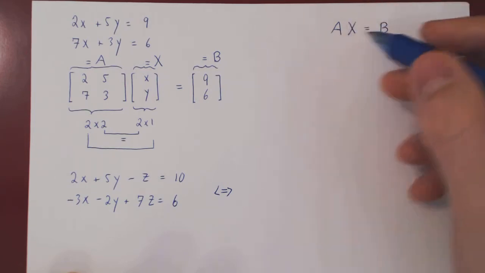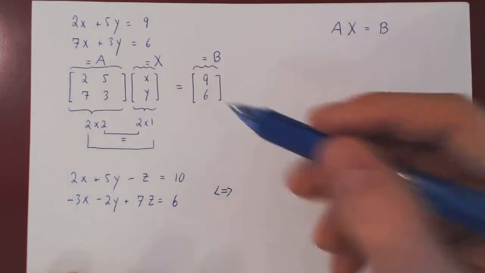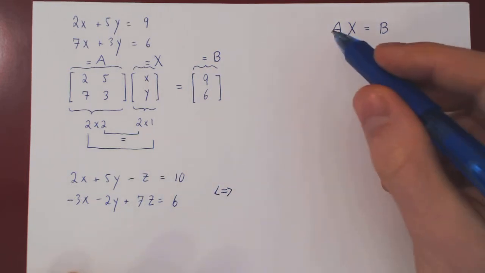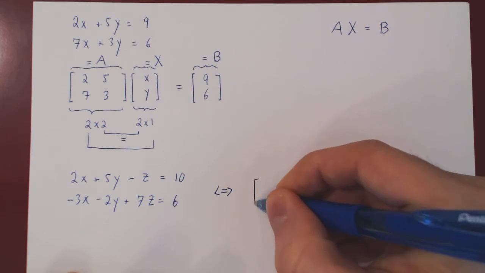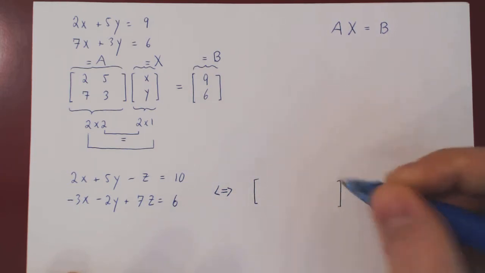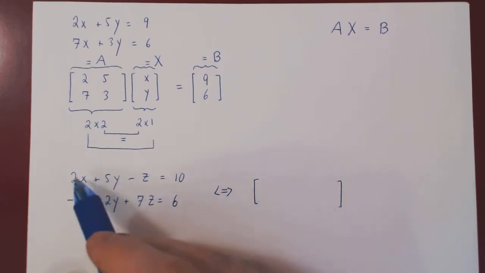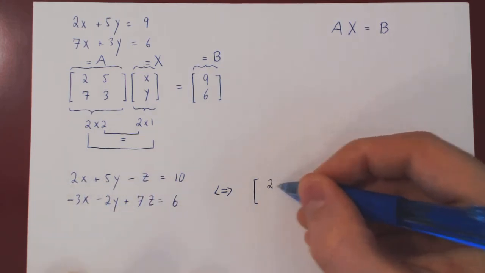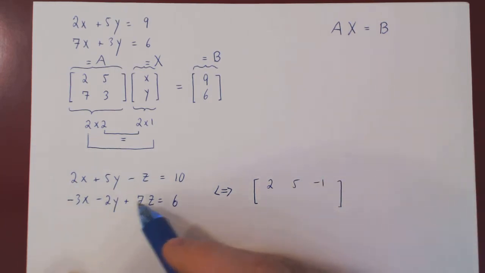Well, let's use our shortcut, and then we'll multiply out the left-hand side in our head to see that the equality of matrices is equivalent to the linear system. So we're saying there are three parts. The matrix A, which we claimed was the matrix of coefficients. So the first row of A should be 2, 5, negative 1. The second row should be negative 3, negative 2, 7.